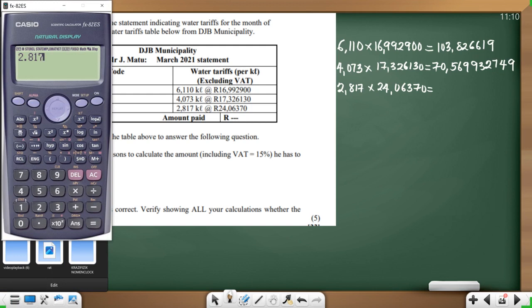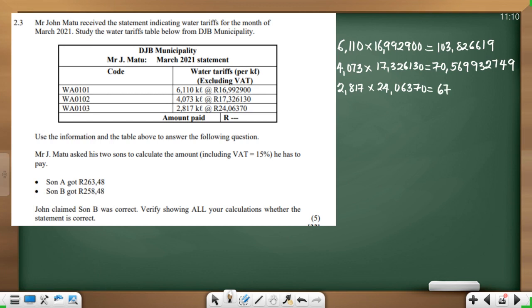2,817 times 24,063. Okay, I have my page here and I'm just going to write down 67,787,4429. Please confirm. Now what do I do? I am going to add the total.